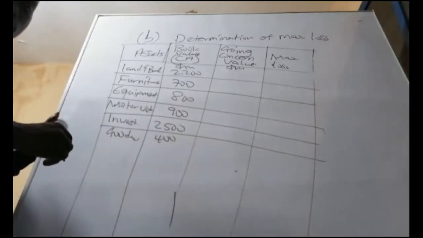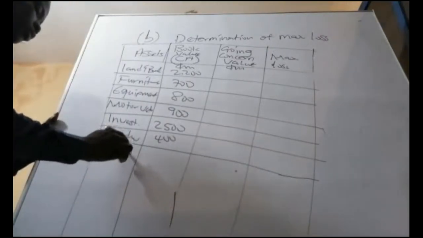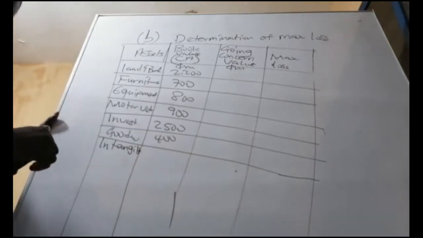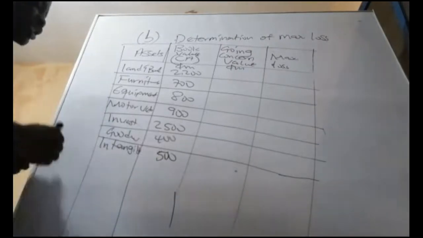Then what do you do again? Intangible asset is what? Intangible, that's 500. You are listing all the assets, all.